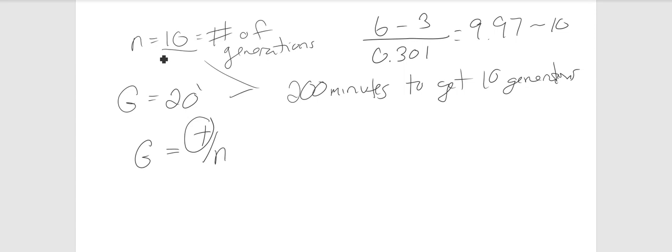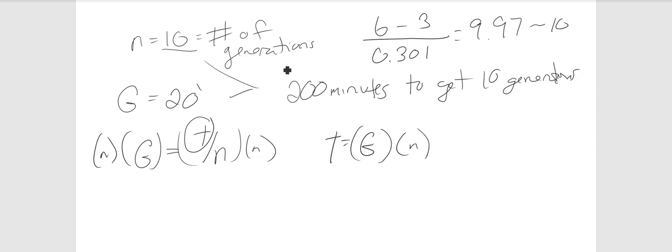Okay, that would have been multiplying both sides by n, and that's where we got the total time equals generation time times n, which is exactly what we did to get 200 minutes. Just did it a little bit more in your head so you could conceptually think about what you were doing instead of just memorizing an equation and plugging numbers in.